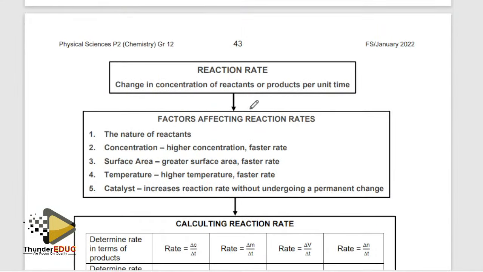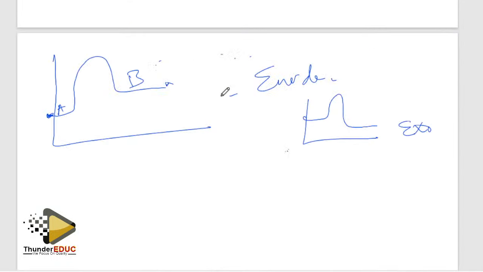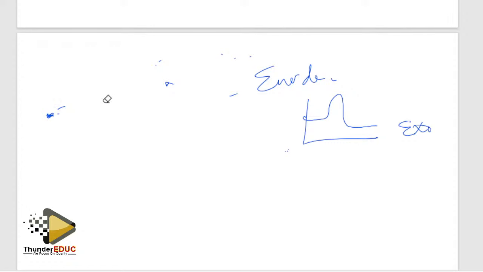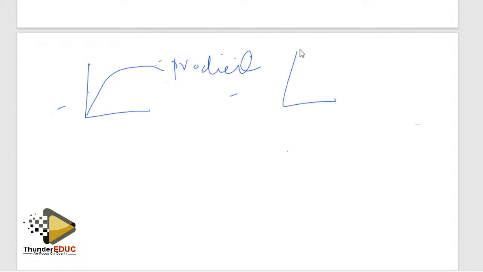When you go to rates of reaction, okay, this is where I want. Now as if I'm teaching, I didn't want to go through everything in here. Okay, this is what I want. Guys, you need to know that when a curve is like that, it is a product. And when it is like this, it is a reactant.